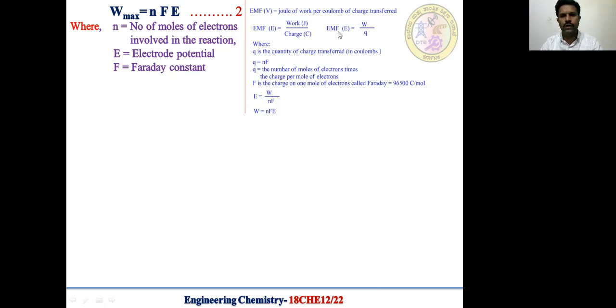Hence, the above equation can be written as E is equal to W divided by, instead of Q, N into F. So W is equal to N F E. In this way, we get the relation W max is equal to N F E, equation number 2.